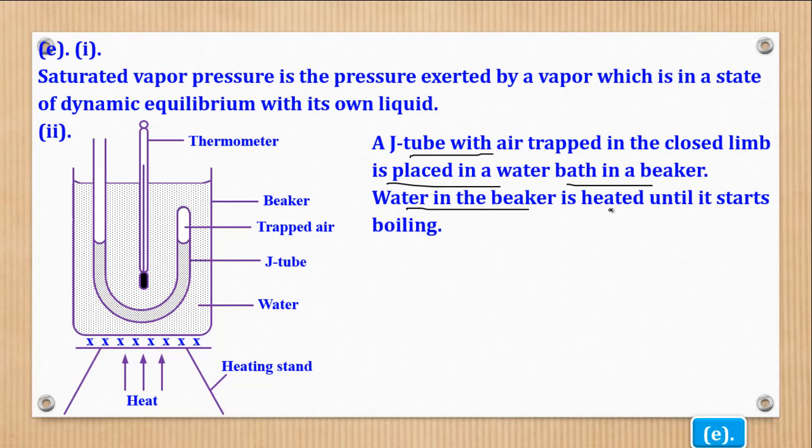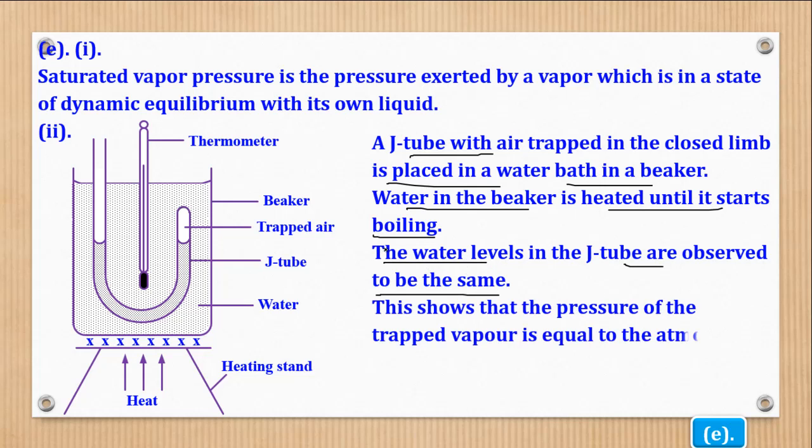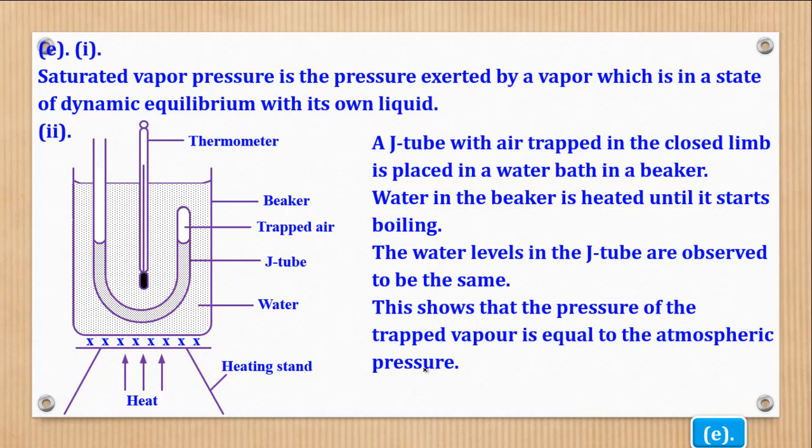Water in the beaker is heated until it starts boiling. So water levels in the jet tube are observed to be the same. So this shows that the pressure of the trapped vapor is equal to the atmospheric pressure.